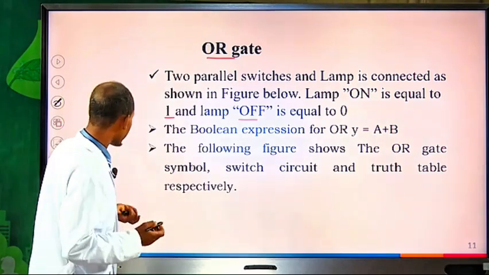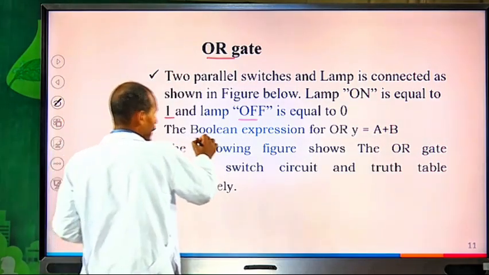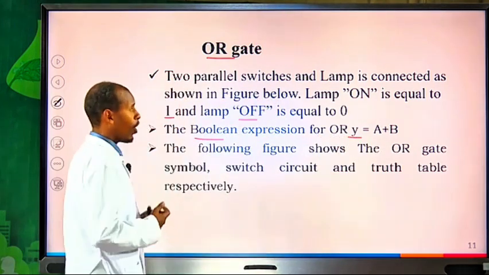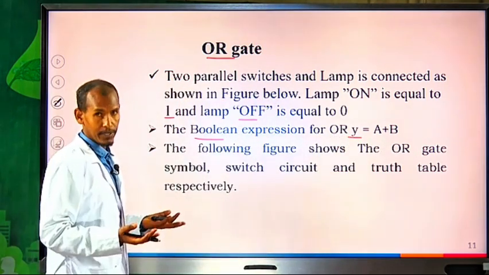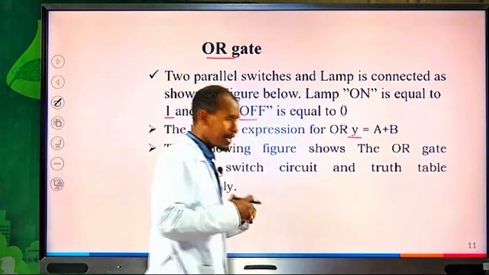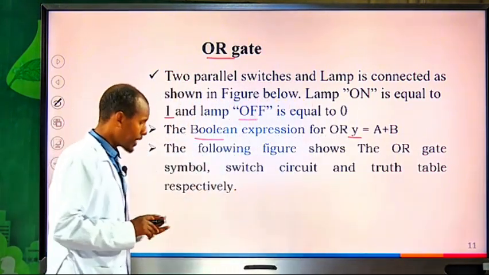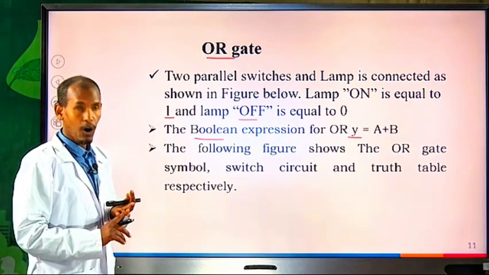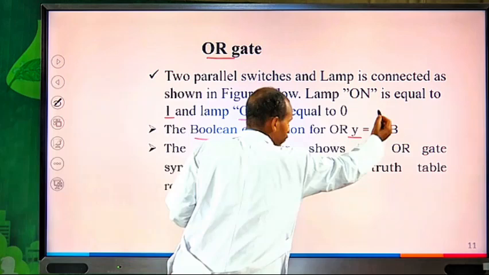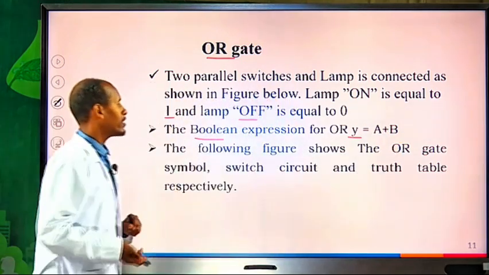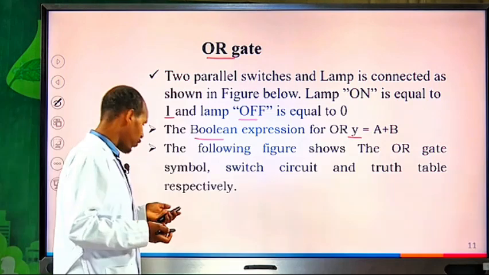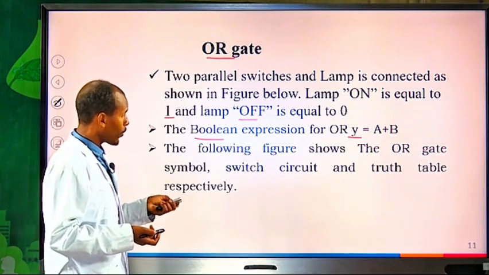From the Boolean expression, as stated previously, the OR gate is Y equals A plus B, where the input values for the logic gate are 0 and 1, or low and high. We can see the symbolic representation and truth table for the OR gate in the following slide.